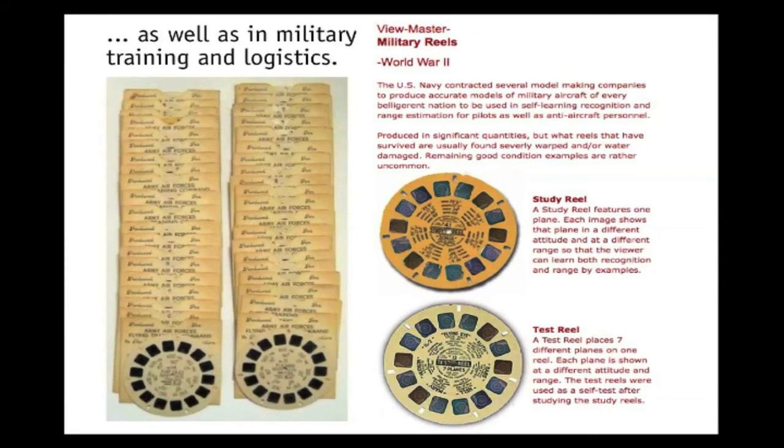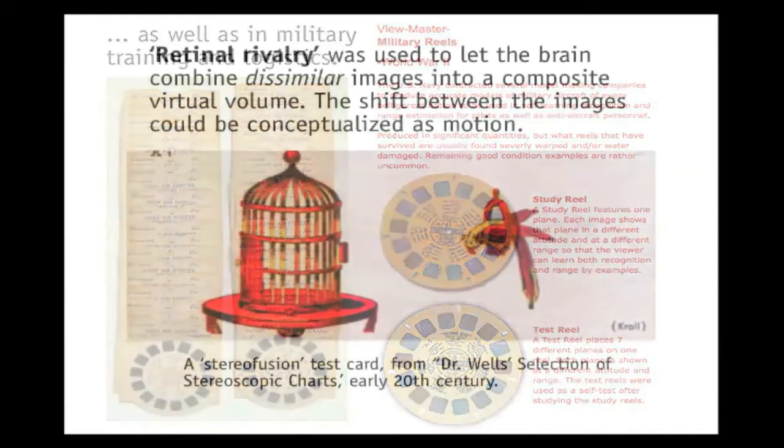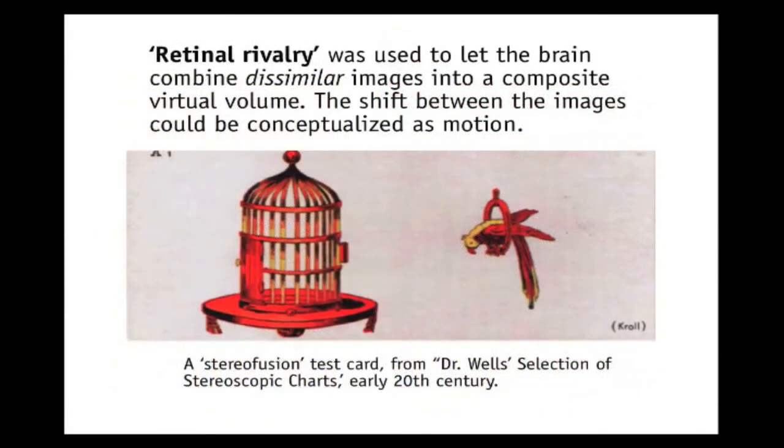Okay, and so if we think about this idea of the scientific or medical or optical uses of stereoscopy, we get to this kind of picture like you see right here.